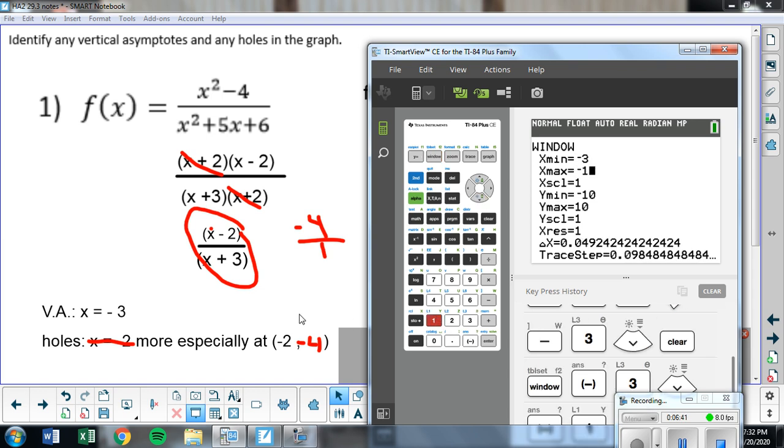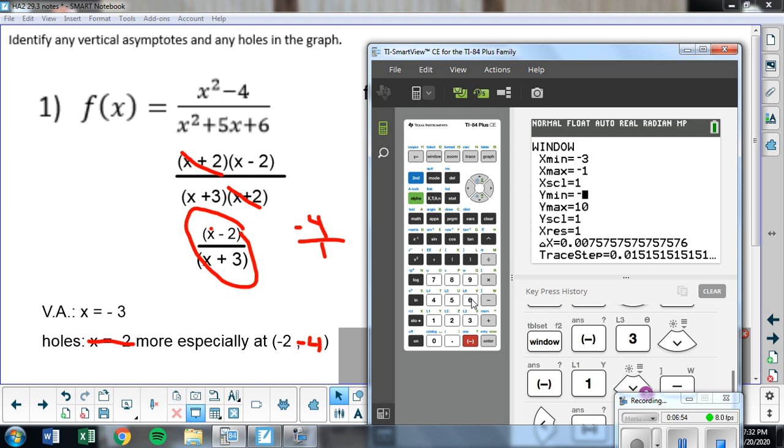See why I picked that? Because I wanted my x's to be such that I could see -2 really clearly. And then my y values, I'll go from -6 to -2. We'll see if that shows up well.